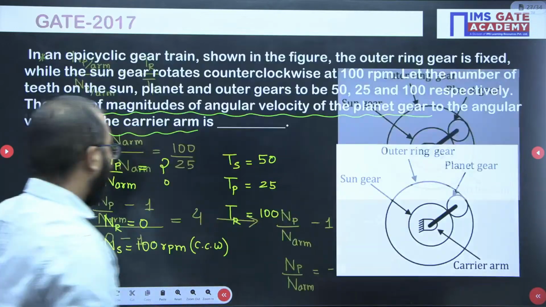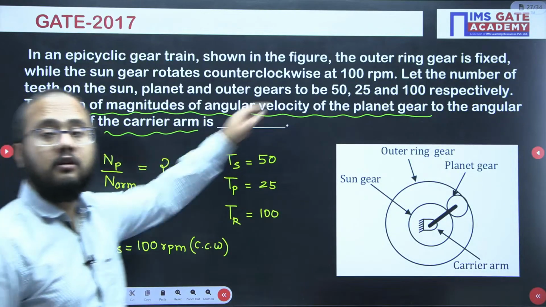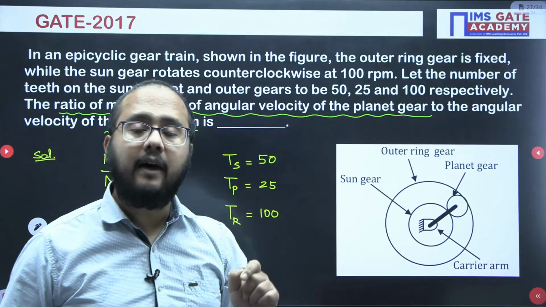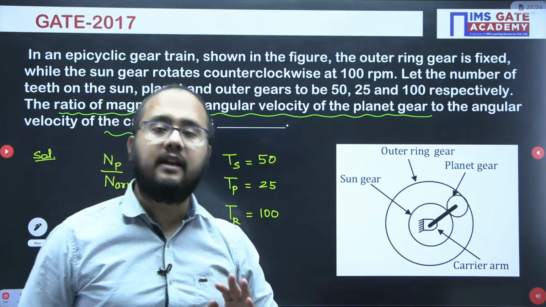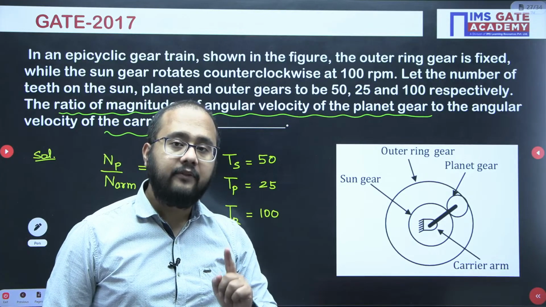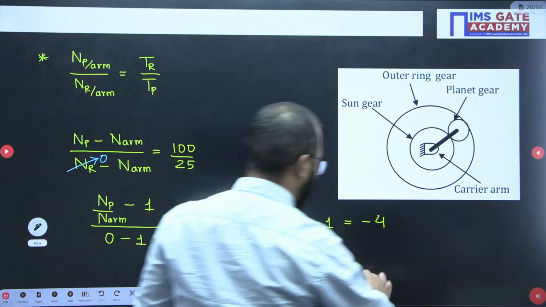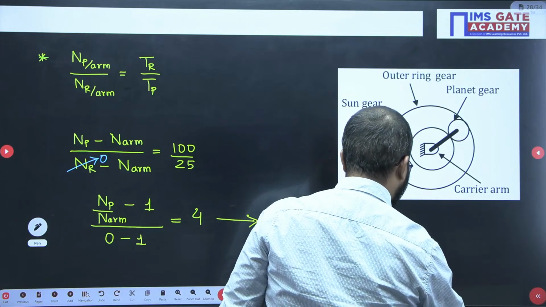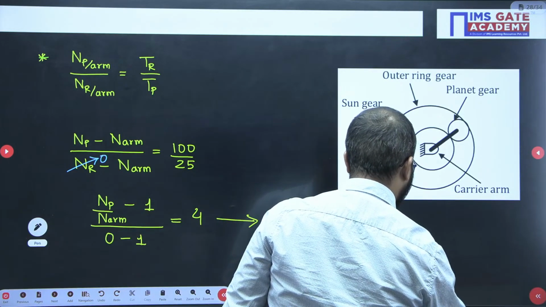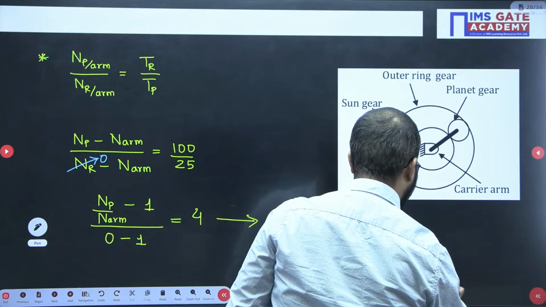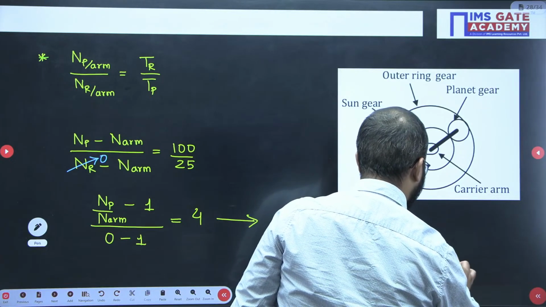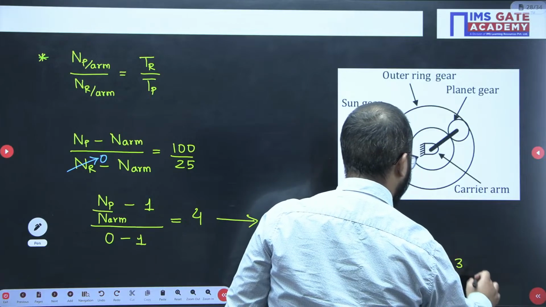But if you look at the question, they have asked the ratio of the magnitude, so we will ignore the negative sign. So my answer here will be NP by N arm equals 3.